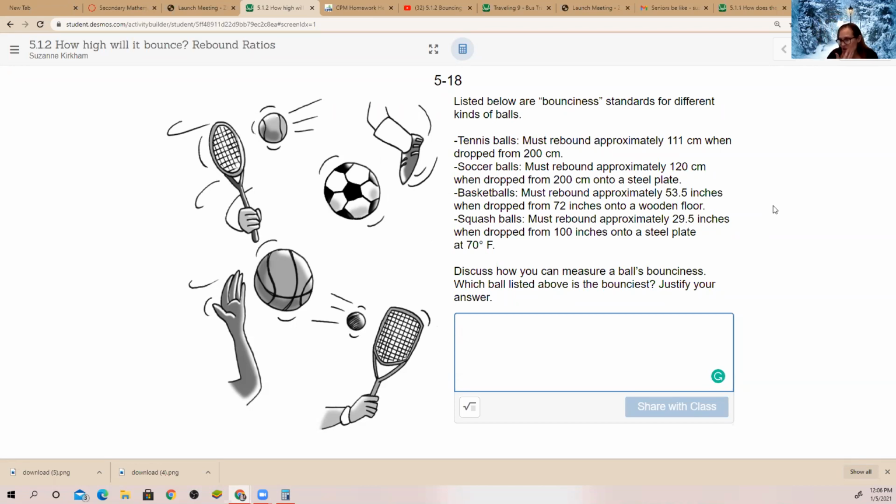Okay, so discuss how you can measure a ball's bounciness and which ball listed above is the bounciest. All right, so how do you think we can go about measuring a ball's bounciness, taking this information we've been given?